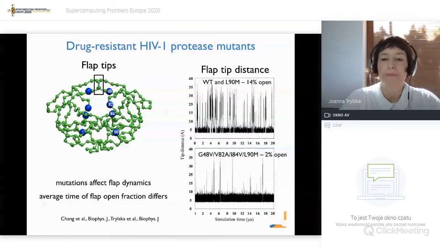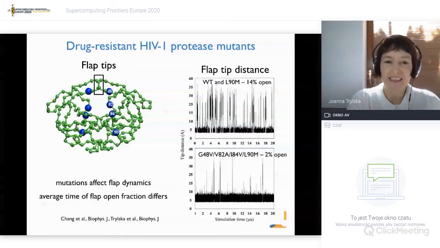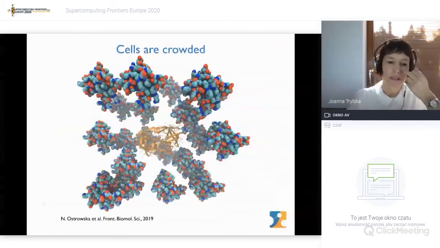But as I spoke in the beginning, what is important is also the environment. In most of these simulations, we have to consider water molecules, ions, other macromolecules, because cells are crowded.